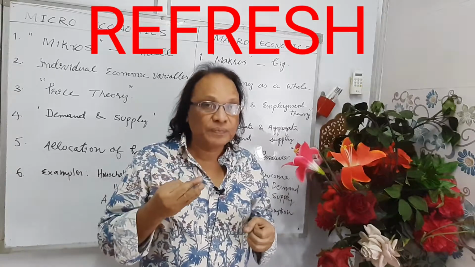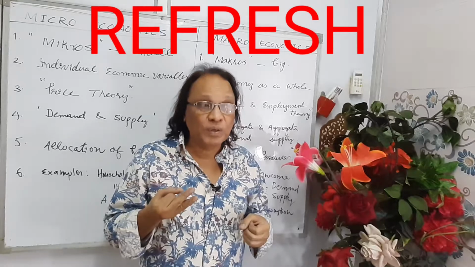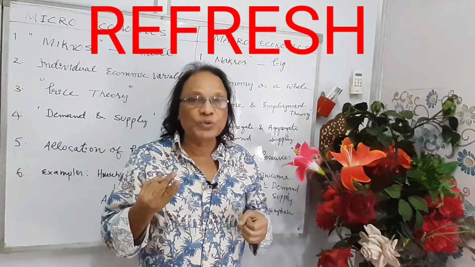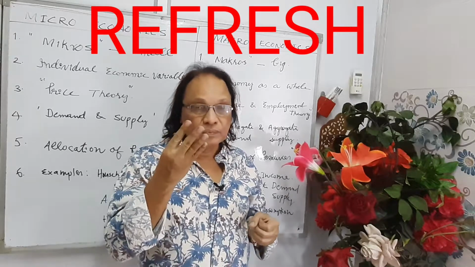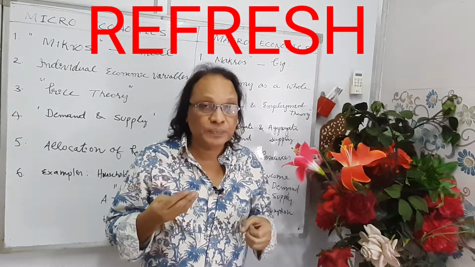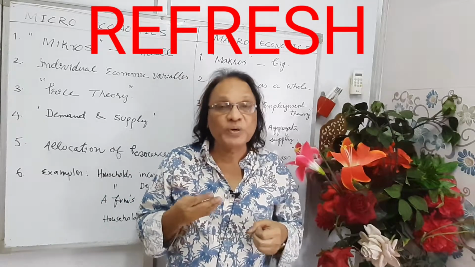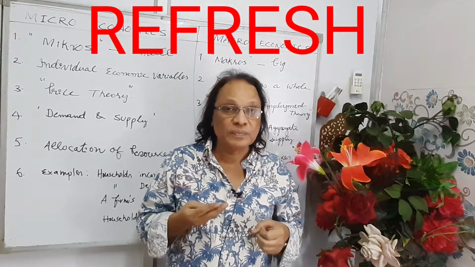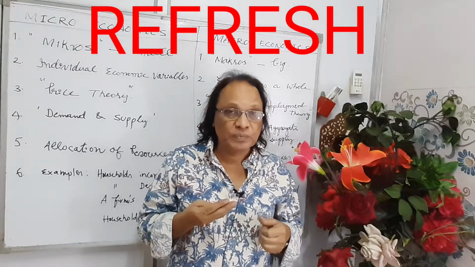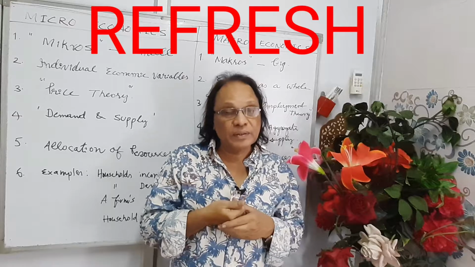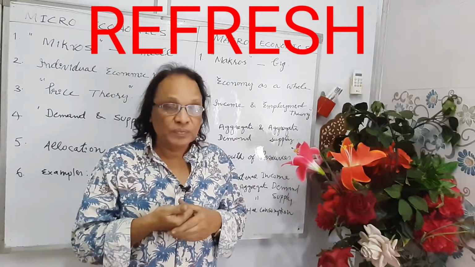Number 3, we discussed in detail the problem of what to produce and how much quantity. Number 4, we discussed how to produce, which deals with the techniques of production, labor intensive and capital intensive. And later on we discussed for whom to produce.